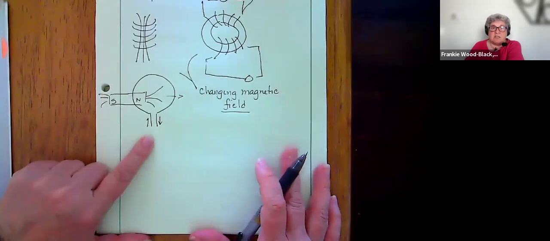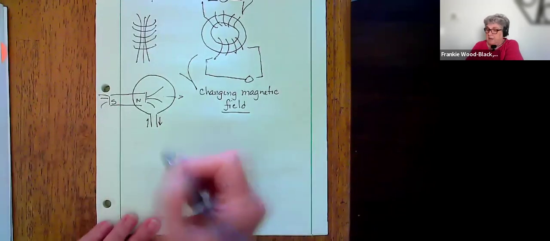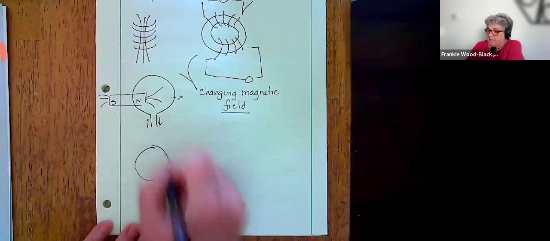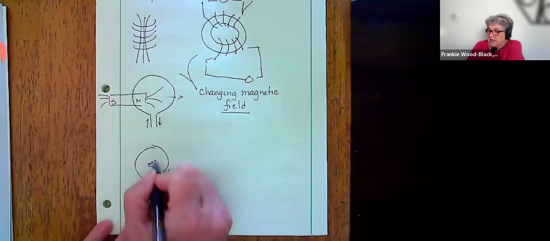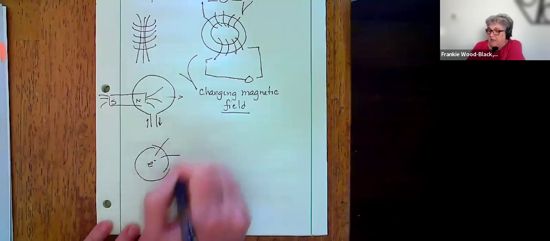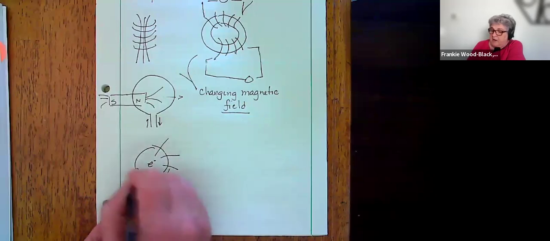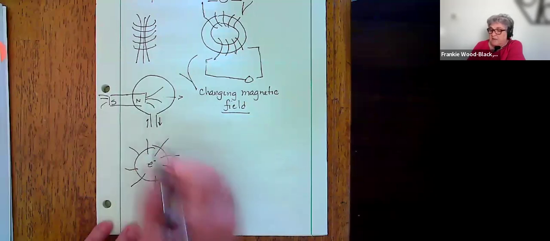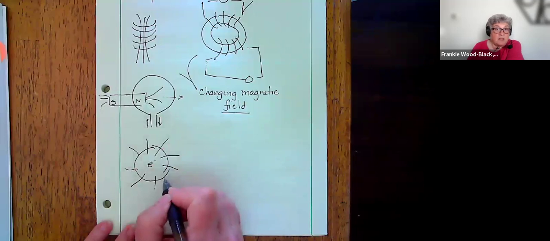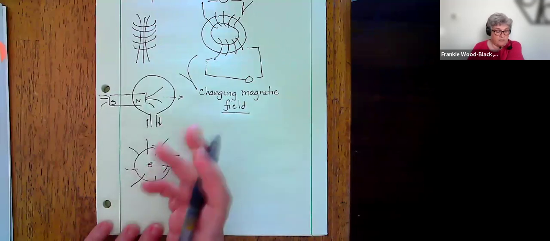So this gets us to this idea of flux again. Now remember, with my Gaussian flux, if I had my charge inside my item, I had it go through, and my curved surface here was giving me my flux that was going through the surface.